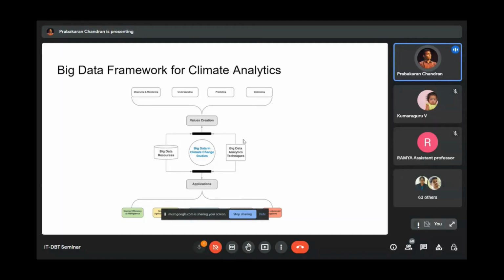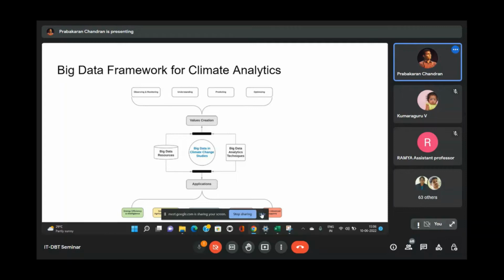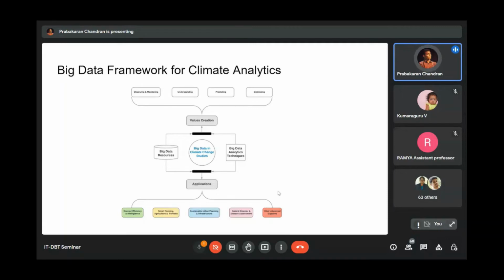Optimization is nothing but a kind of policy change that you can create, right? And then the applications are across many places. One is efficiently planning the energy, like energy generation, and another one is agriculture. Then we have natural disaster and disease assessment, and we have sustainable urban planning.